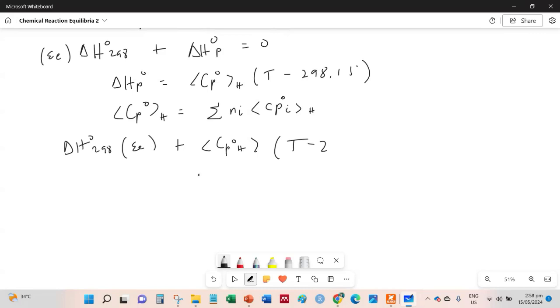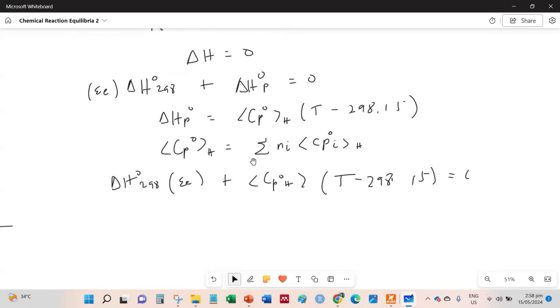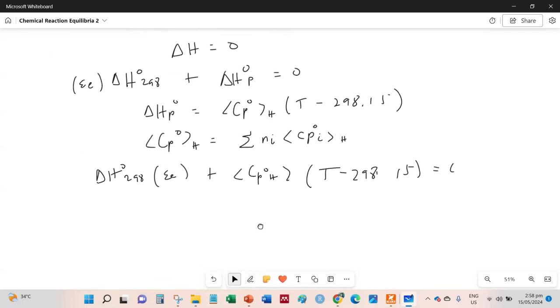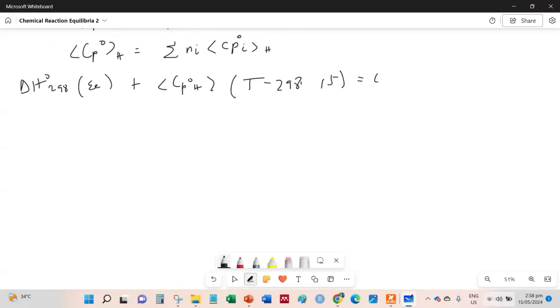Isolating T, it's just negative delta H at 298 times the reaction coordinate, divided by the mean CP, plus 298.15.